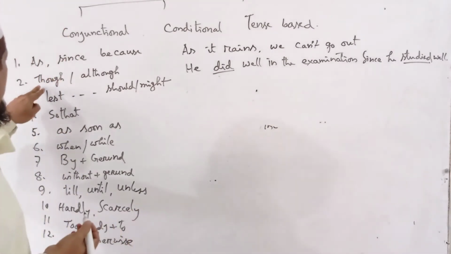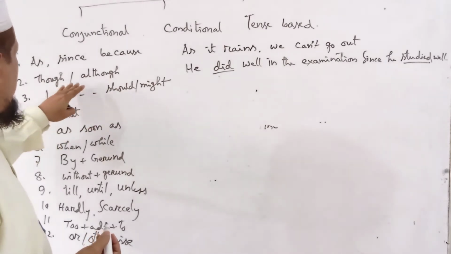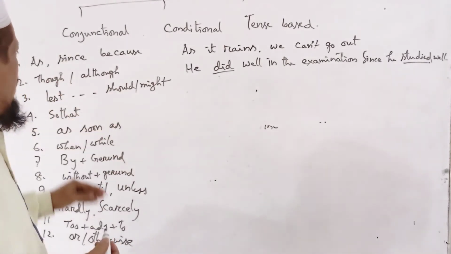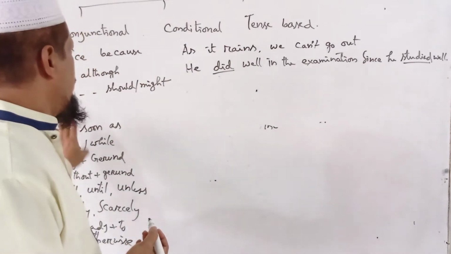Now come to though, although. Though, although is a contradictory clause. If though is connected in one clause, then the other clause will be opposite in meaning.